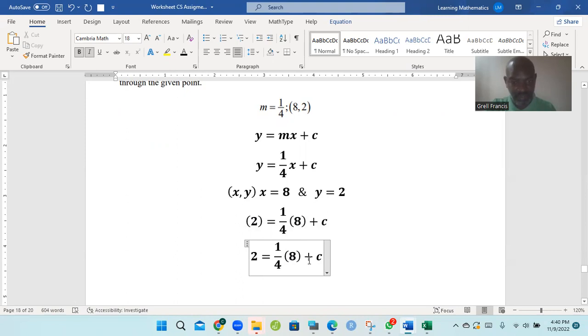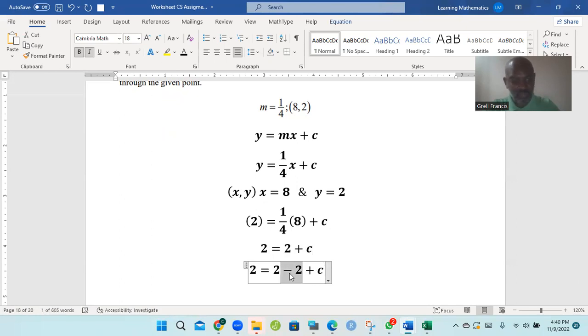Leave it right there. 1/4 times 8. How many 4s are there in 8? 8 goes 2 times. 1/4 of 8 is 2. Now we're going to cancel out the 2 by subtracting. As we say, leave c right where it is.